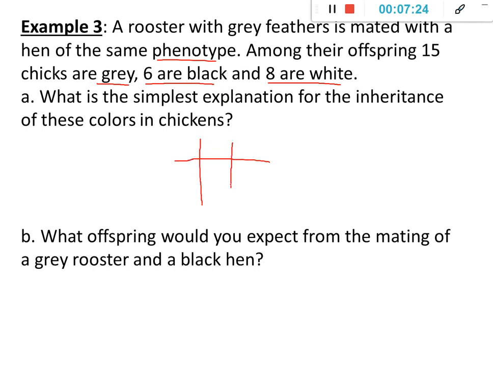So let's imagine a Punnett square that would probably be able to explain this. But if we imagine that we have these 2 traits, let's say B for black and W for white, that could be one parent, and if it's codominant, they'd end up being gray. And if we have the other parent with the same phenotype, they're gray as well, maybe the same genotype.